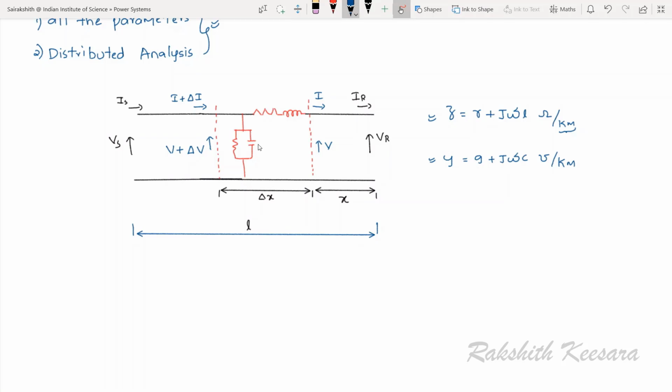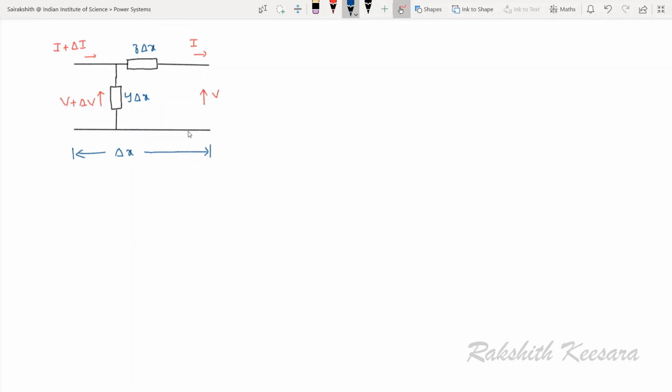Now, if I need the impedance for the distance delta x, this will be z into delta x, right? And if I need admittance for the distance delta x, this will be y delta x. So is this clear? And this is the final simplified circuit that we designed for this delta x length.